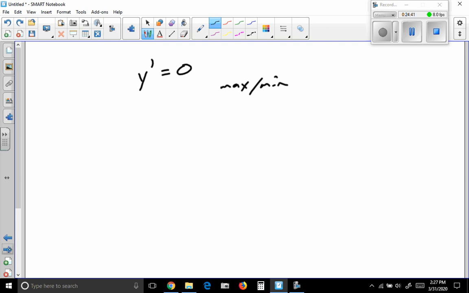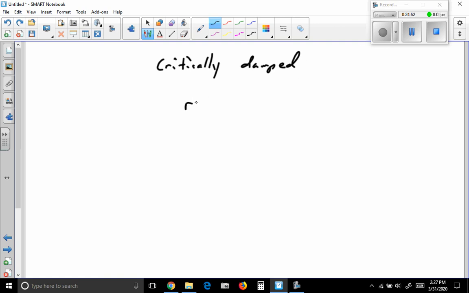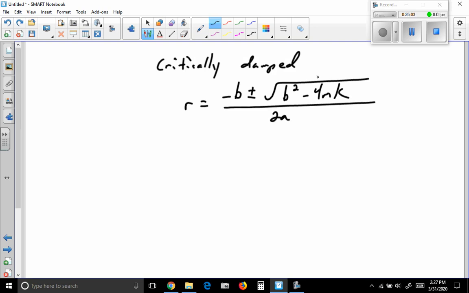The other situation we want to look at is critically damped, and how that's going to happen. If we go back to our equation, we'll skip right to the part where we get r. We've looked at where we get a negative number under the radical because this was smaller. We looked at where we get a positive number under the radical because this is larger.